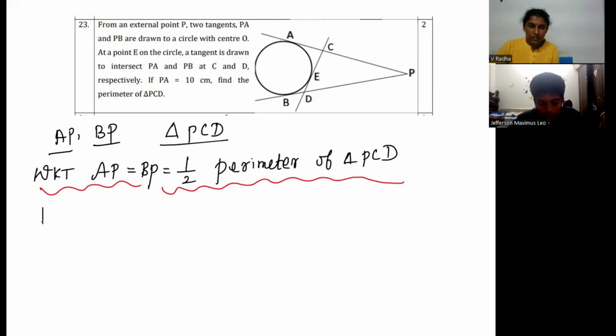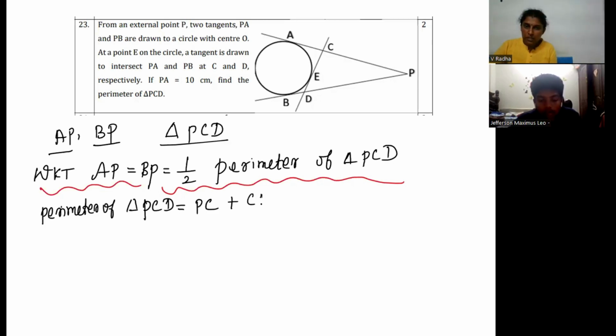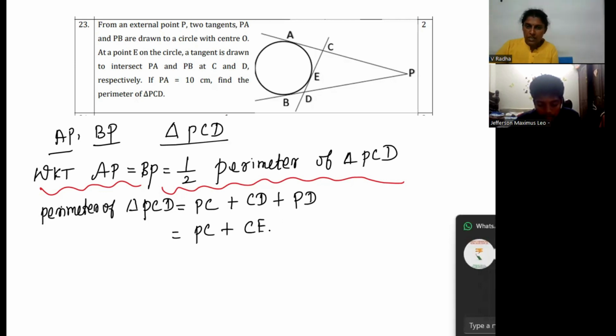So we start with the perimeter of triangle PCD, which is equal to PC plus CD plus PD. Now the middle term CD is split into CE plus ED, plus PD.